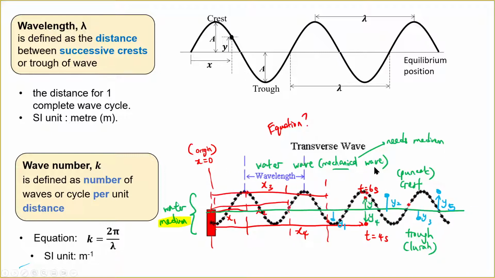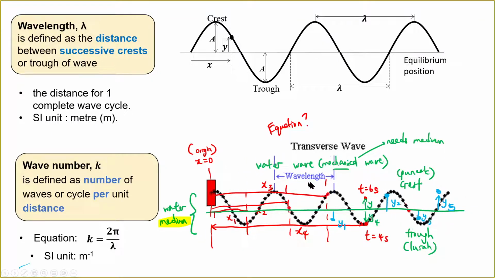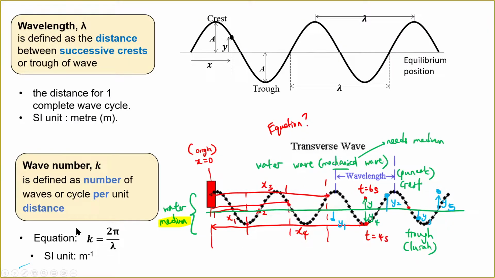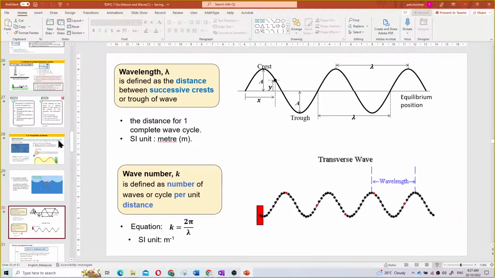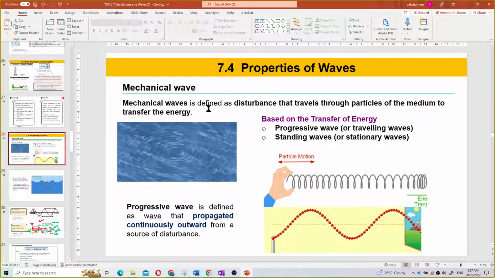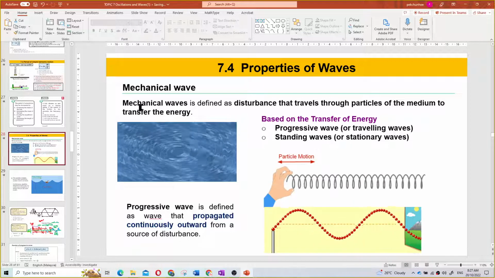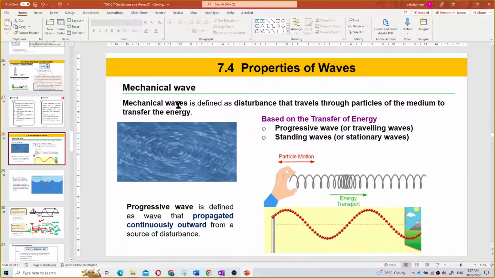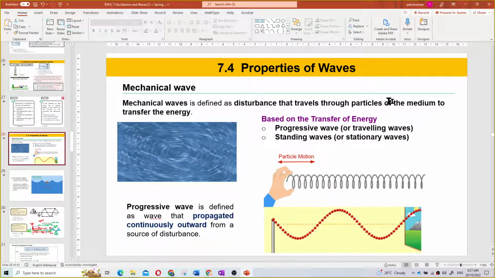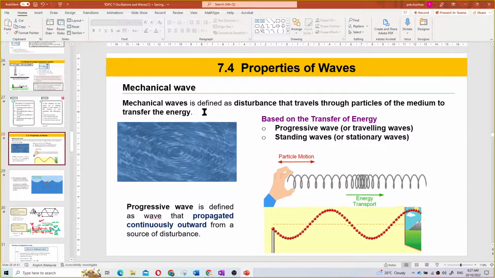There is another type of wave called electromagnetic wave. So now I introduce the mechanical wave, defined as a disturbance that travels through particles of a medium to transfer energy.